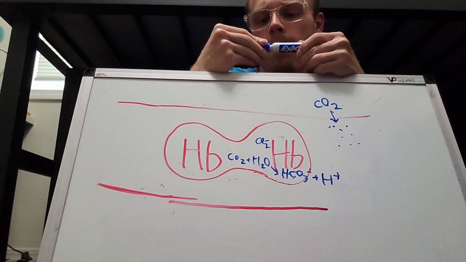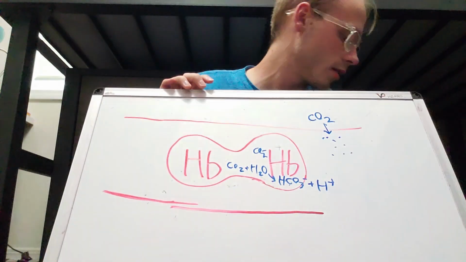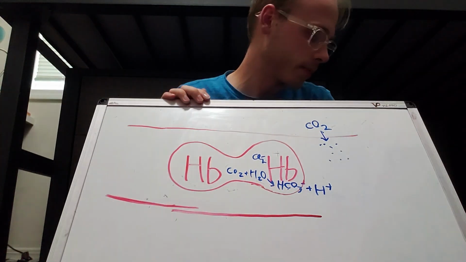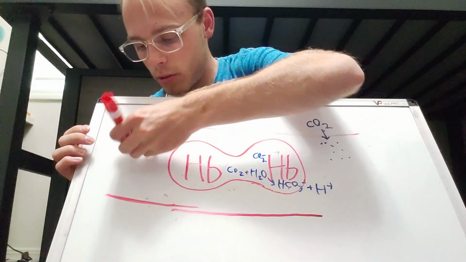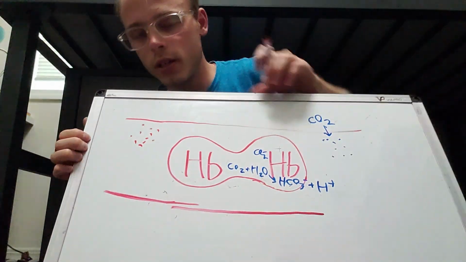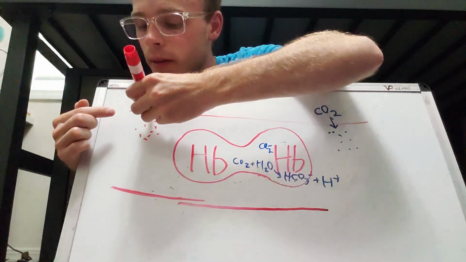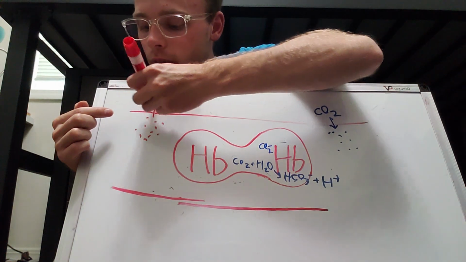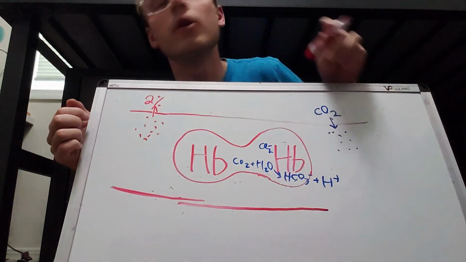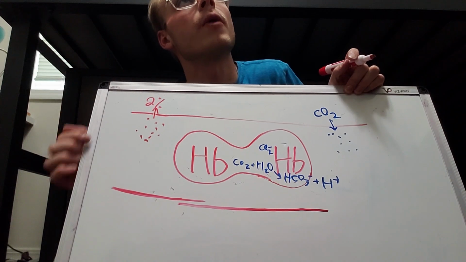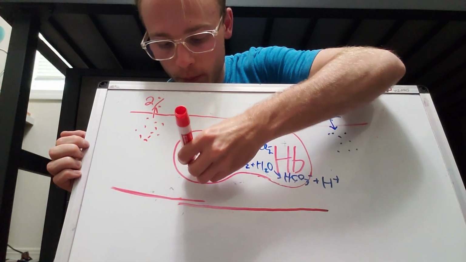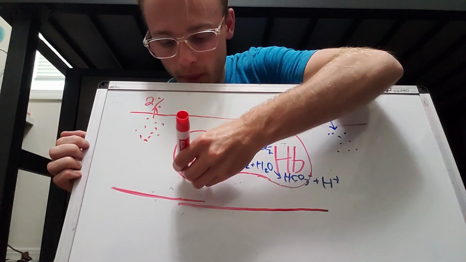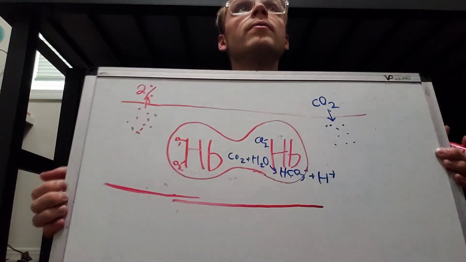O2, on the other hand, is almost the same. We're going to use red to describe O2. O2 is diffused in the blood, and interestingly, that only makes up 2% of the oxygen within our body. The other 98% is bound to hemoglobin.